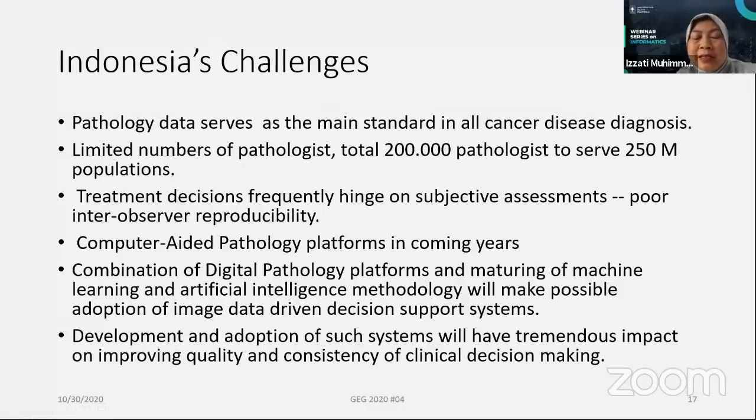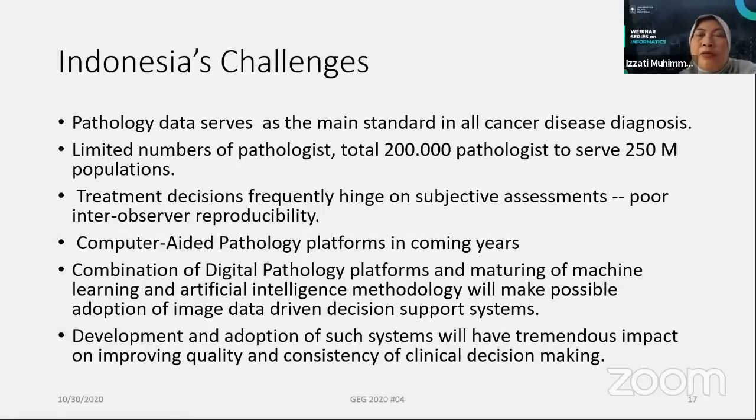So the number is very short. It is understandable that reading the pathology takes some time in Indonesia.